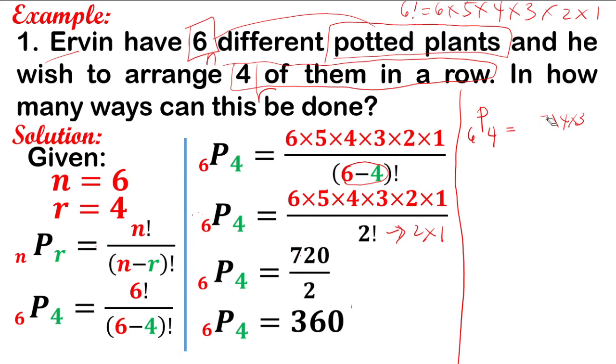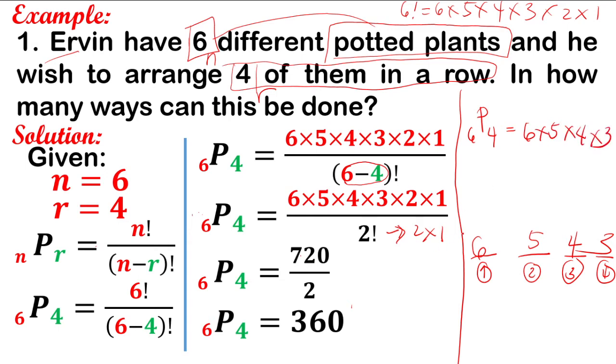Okay? It is like this if you use the fundamental counting technique. You have 6 potted plants but you will arrange only 4 in a row. 1, 2, 3, 4. So, you will arrange only 4. Of the 6 potted plants, your first choice is 6. Right? For your next choice, say you have already placed one in front. For the second, how many choices do you have left? 5. For the third? 4. For the fourth? 3. So, the permutation of 6 taken 4 at a time is also equivalent to 6 times 5 times 4 times 3. 6 times 5 is 30, times 4 is 120, times 3 is 360.